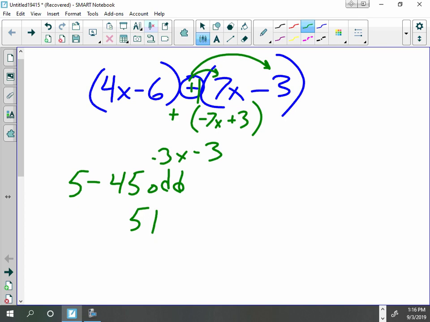You're going to do all of the odd problems from 5 to 45, and then you'll also do number 51. So you'll do 5, 7, 9, all the way up to 45. I didn't teach this class last year, but I believe that there are answers to the odds in the back.